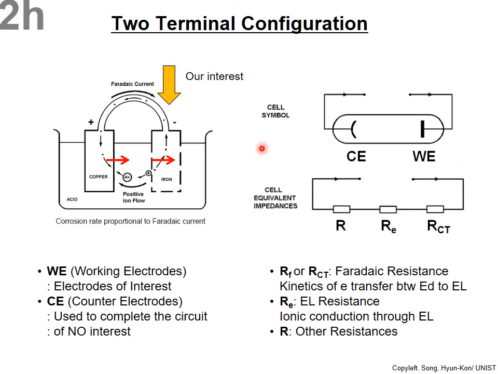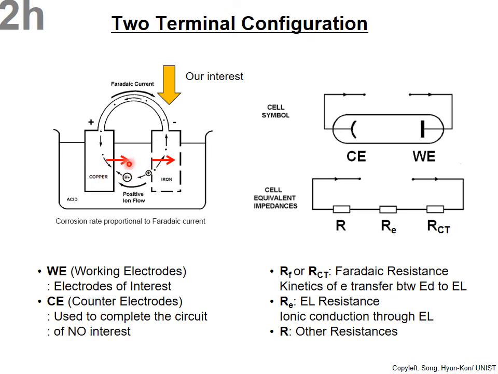The other one is the Faraday resistance, or resistance of charge transfer. This resistance is closely related to the reduction process or oxidation process. I have said we have some rate for iron oxidation or proton reduction.